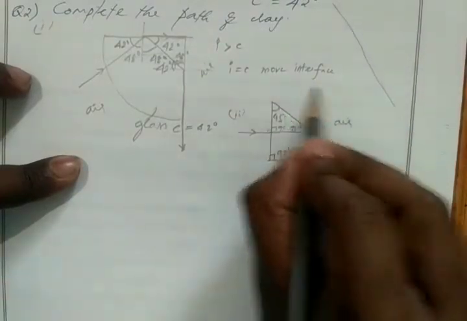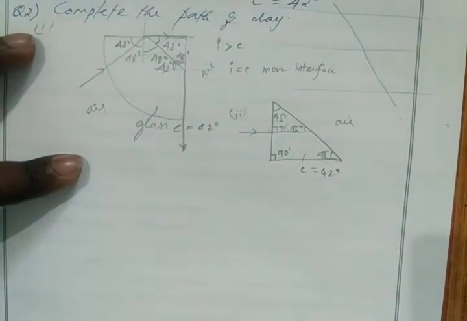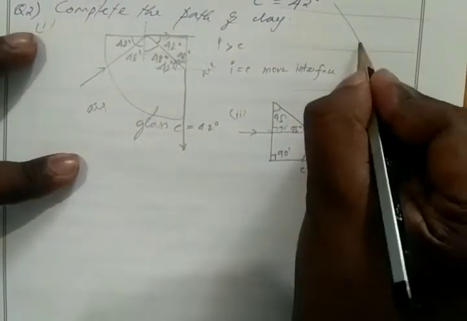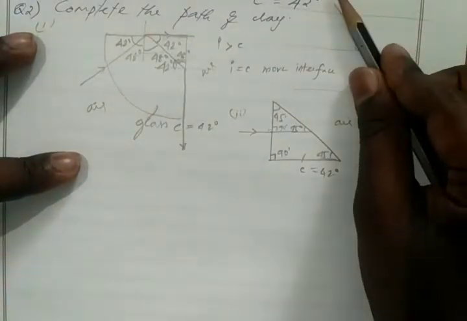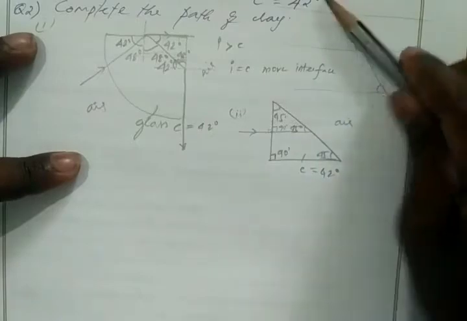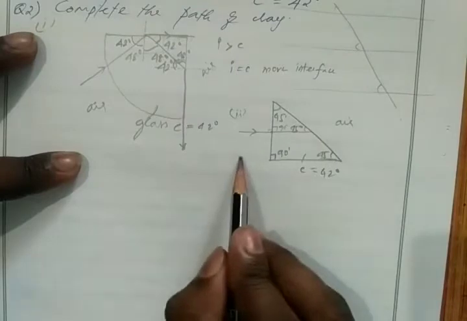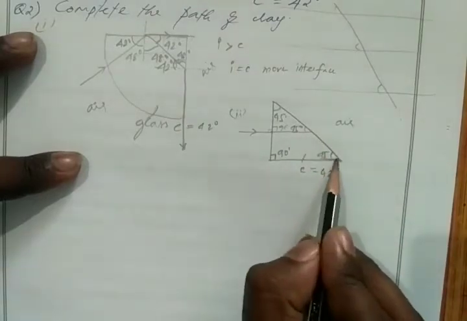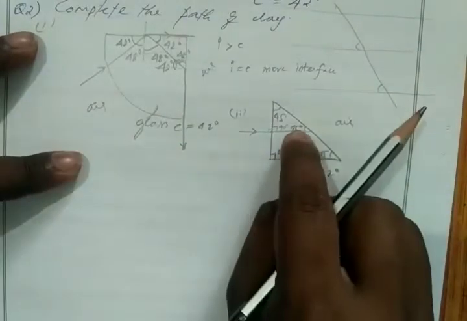If you draw any horizontal line across the inclined line, the angles will be equal. Theta 1 equals theta 2 equals theta 3 up to theta n. Because we never change the inclined line, when we draw horizontal lines the angles will be equal. So for this horizontal line, this angle is 45 degrees.